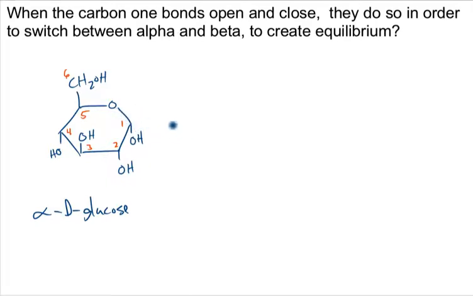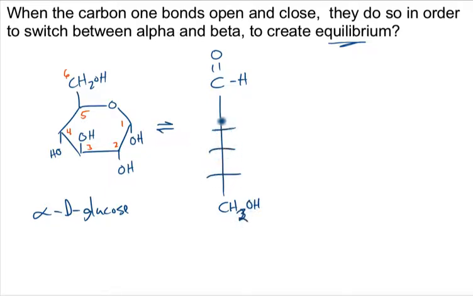And when it opens up, getting at this idea of an equilibrium, it'll actually go through this sequence. It's a set of reactions that takes place for the glucose molecule, but really I can do this for any of the sugars.